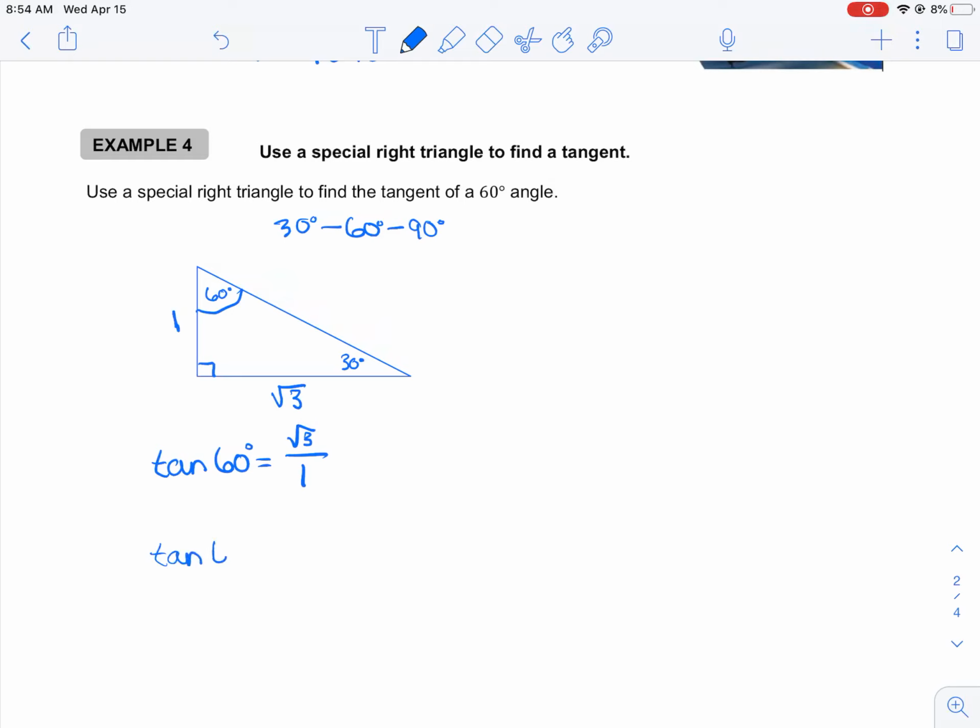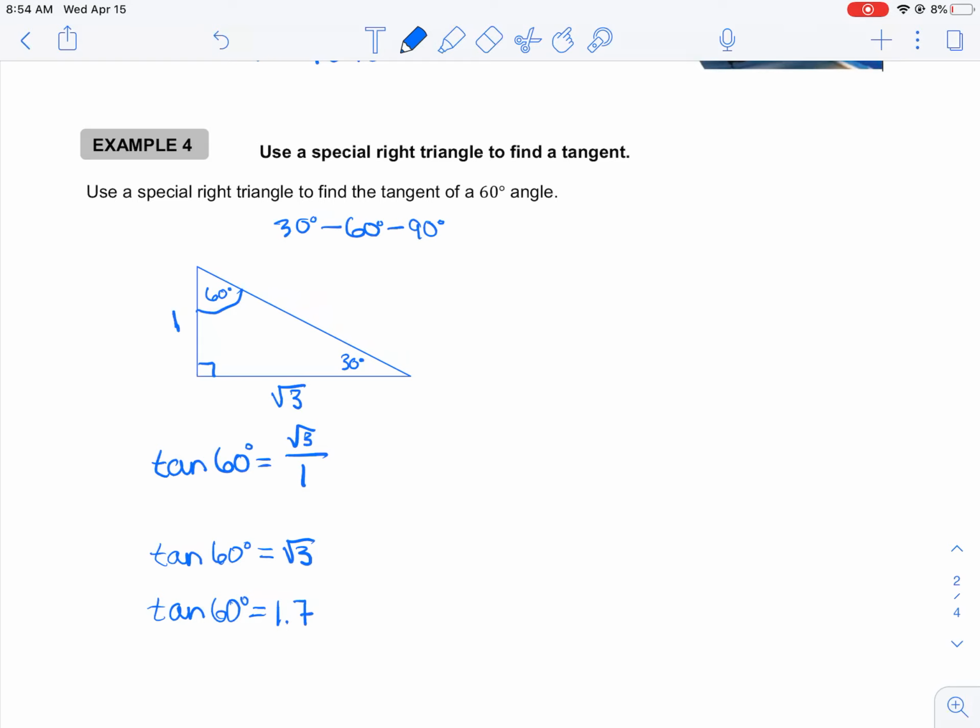So if we simplify this, it turns out that the tangent of 60 degrees is always the square root of 3. And if we wrote that as a decimal, the square root of 3, if you type that into your calculator, is 1.7. So this is something you could memorize.